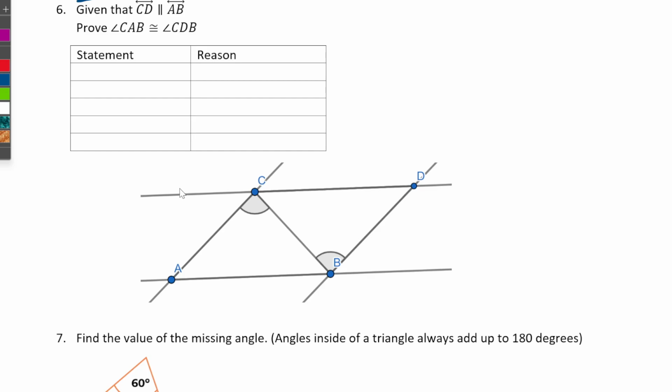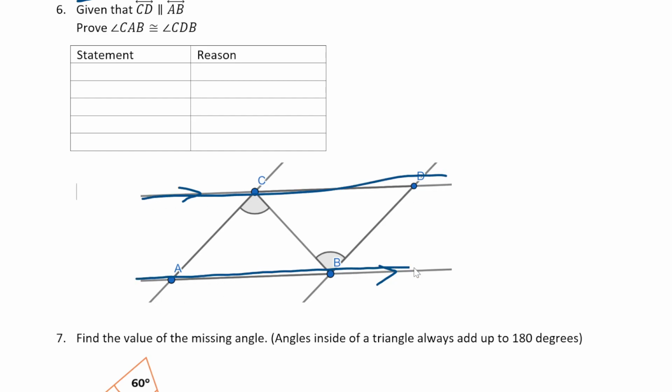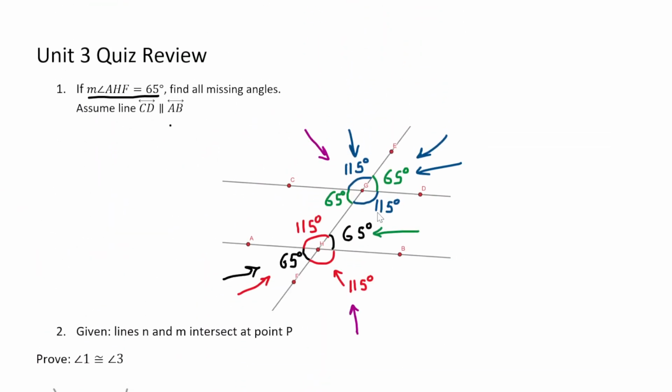CD is up here, so I know this line right here is going to be parallel to this line right here. These two lines are parallel. So that's some good information, okay? It's very similar to this one because these two are parallel. We get that all of these angles are very similar. So I'm going to use the same idea.